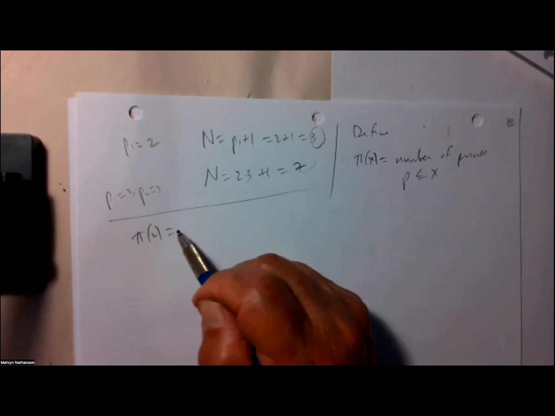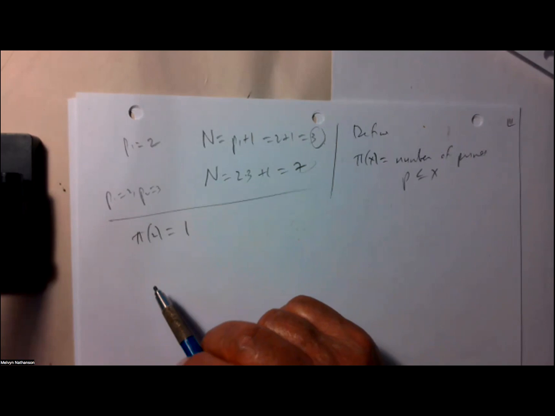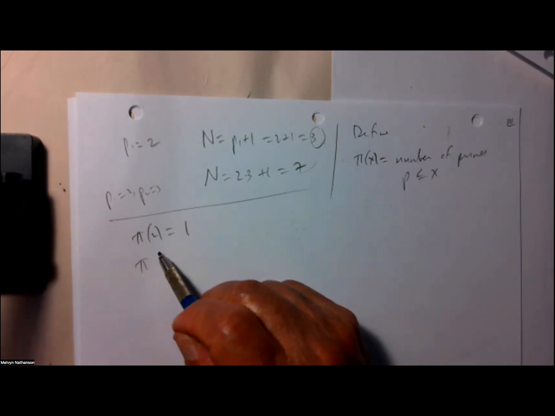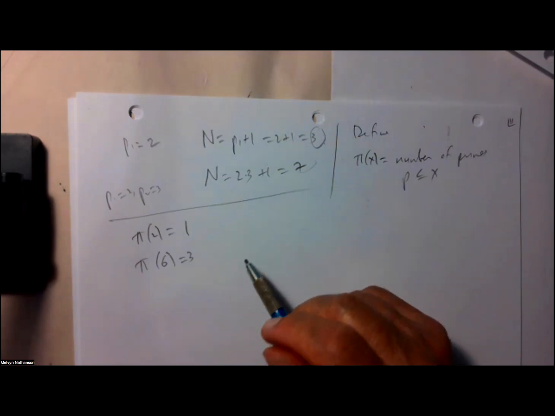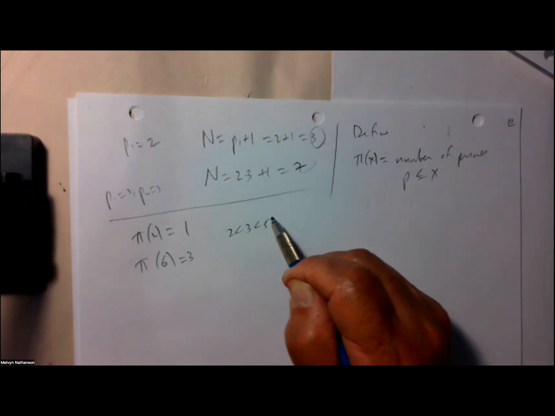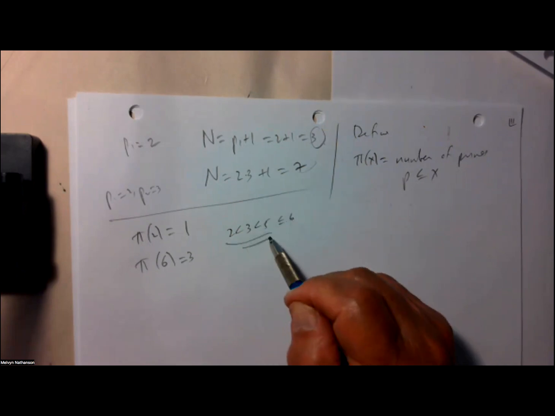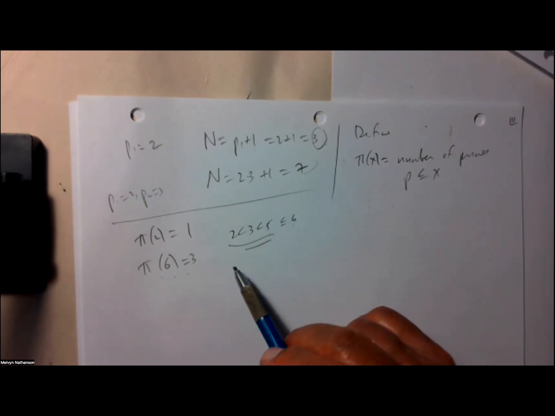So pi of 2 is 1, because there's 1 prime less than or equal to 2. Pi of 6 is equal to 3, because what are the primes less than or equal to 6? 2 less than 3 less than 5 less than or equal to 6. I have 3 primes less than or equal to 6. Pi of 6 is 3.